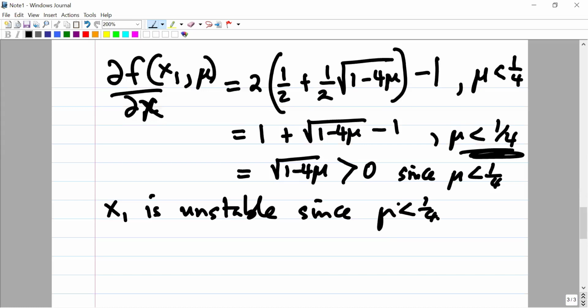Now, we can also say that x1 is a hyperbolic point.